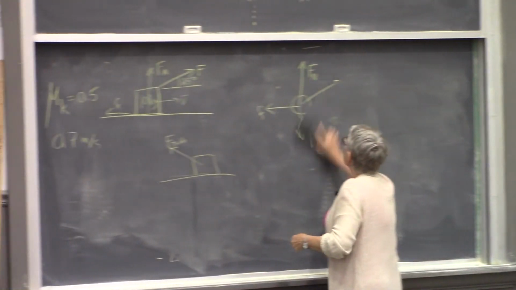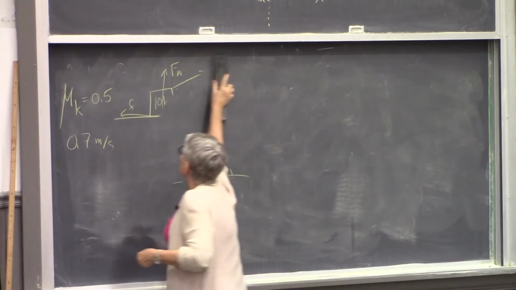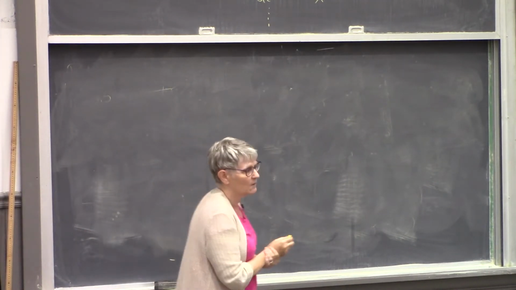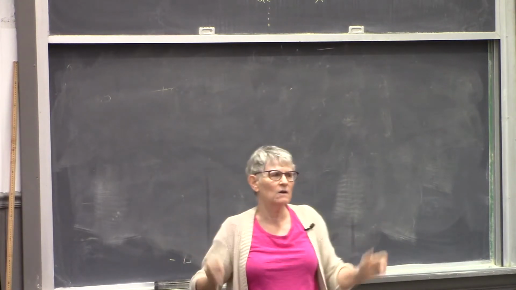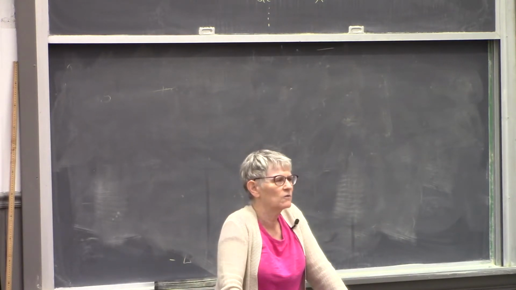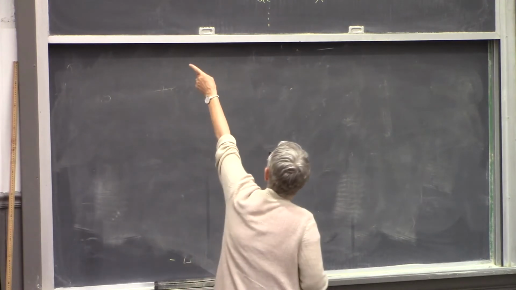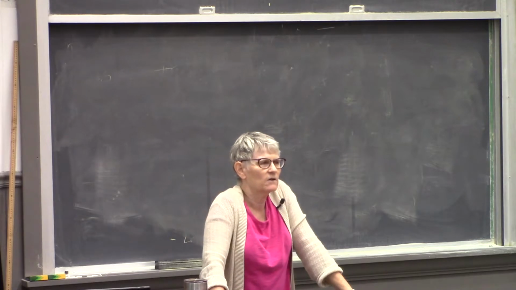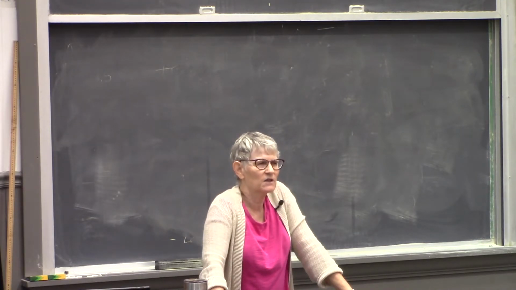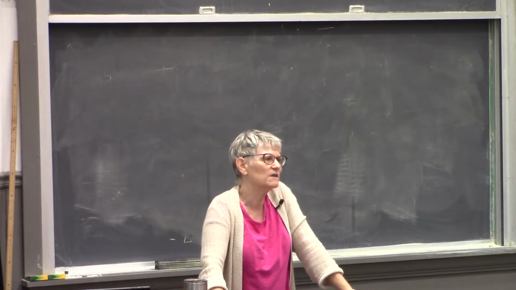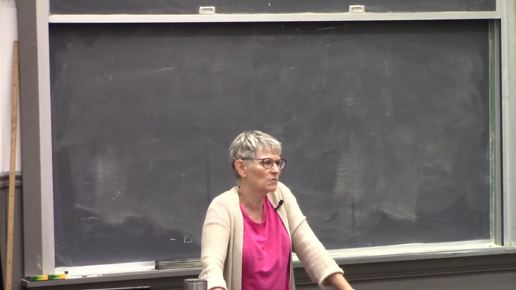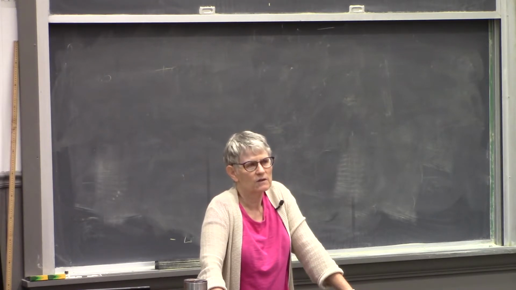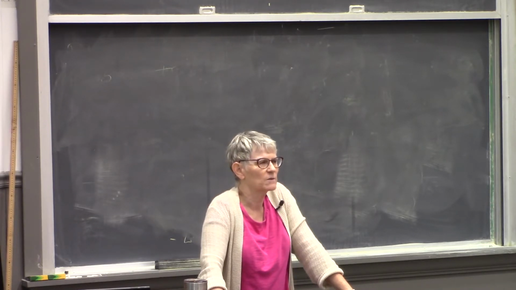So if dp dt is not 0, then in order to solve for an unknown force, we still have dp dt is F net, but if dp dt is non-zero and we want to figure out F net or something that contributes to F net, we need to know dp dt. We need to know the rate of change of momentum of an object. And there are situations in which we can figure that out just by observing motion.